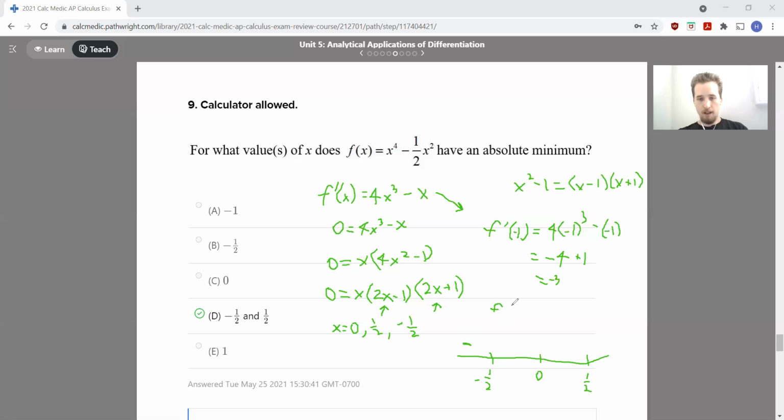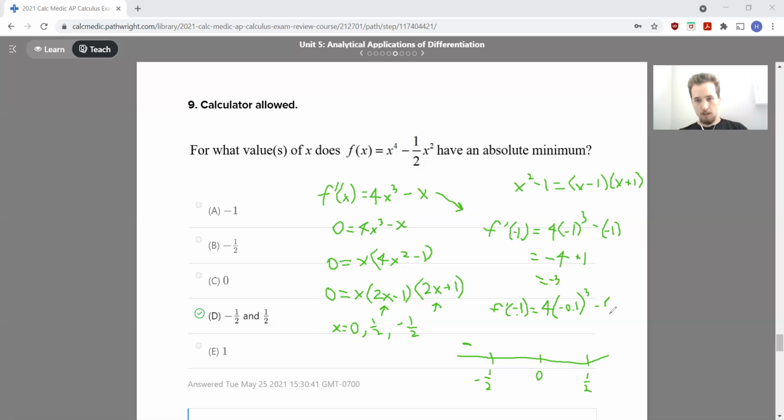If you do this with f prime of negative 0.1, let's just do that, make it easy on ourselves. You get 4 times negative 0.1. I should have put a 0 in front of the other one, but I guess it doesn't matter too much.